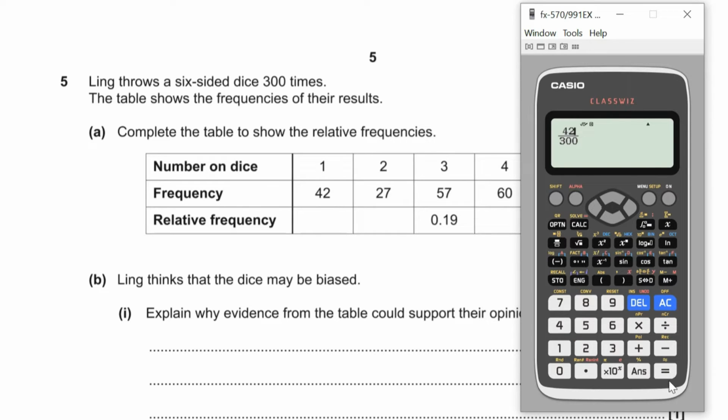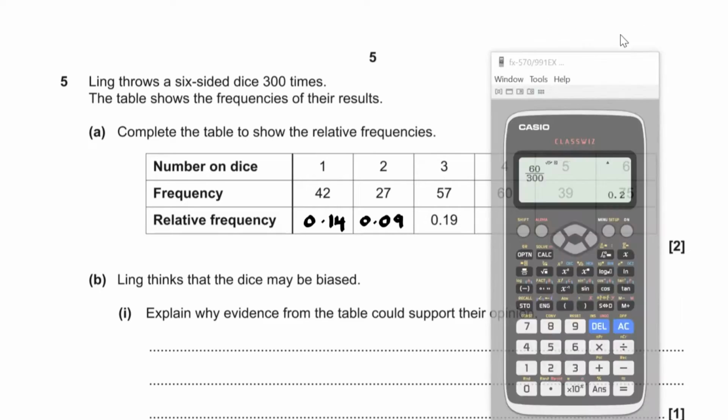42 divided by 300 is 0.14. Then we have 27 divided by 300, which is 0.09. Then we've got 60 divided by 300, which is 0.2.